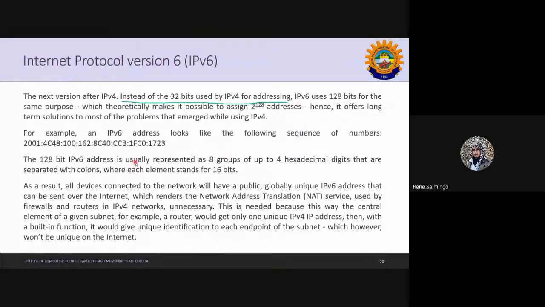IP version 6 also takes a different approach: instead of using octets, IP version 6 uses hexadecimal values, so it is more on 16 bits.